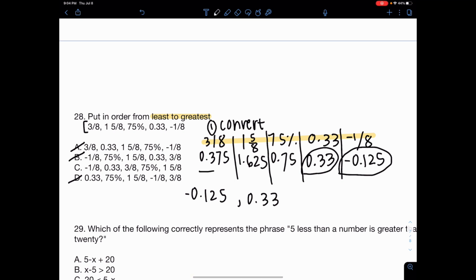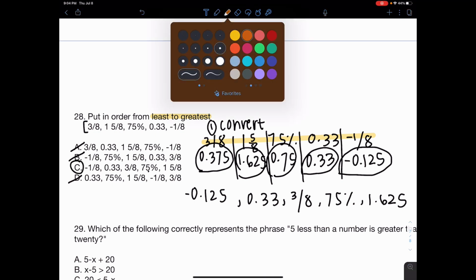And next is going to be that 3/8 as it's written, but we know that it's 0.375. And then we're going to go to 75%. And I can see that that's still right. And then last but not least is going to be that 1.625. Alrighty, so that is all right.